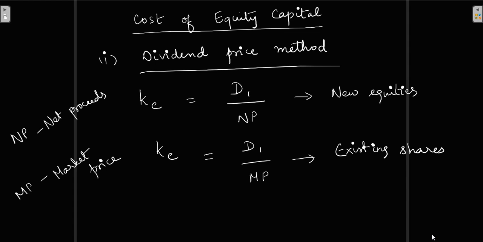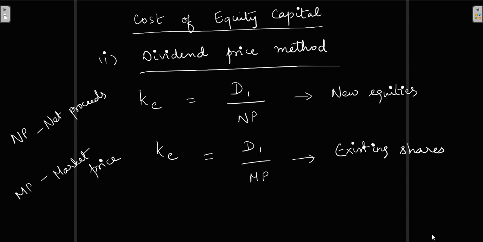Now, there are different methods we can use to calculate the cost of equity capital. In the following videos, we will discuss each of these methods. In this video, we will be discussing dividend price method. Here we will be using two different formulae.